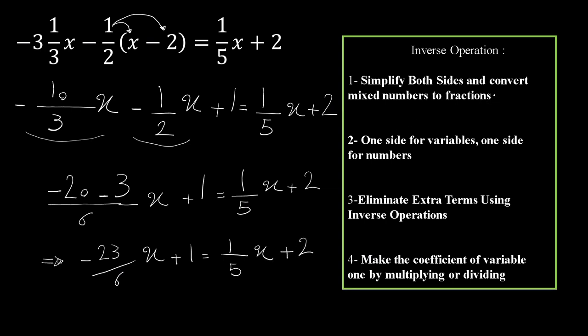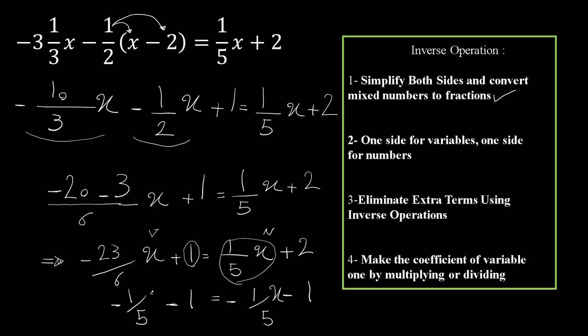So I simplified both sides. Again, I allocate this side for variables and this side for numbers. Can you tell me extra terms? Yes, in the variable side, I do not want 1. And in the number part, I do not want 1 over 5 times x. So what should I do? First, I must subtract it from this side and consequently from the other side. And also this term from both sides. Minus 1 over 5 x, and here minus 1 over 5 x.